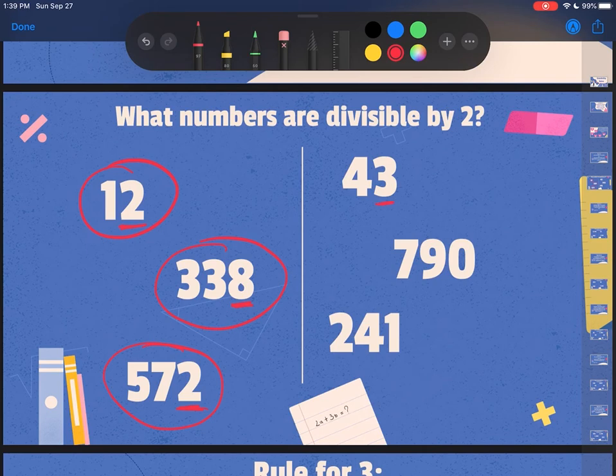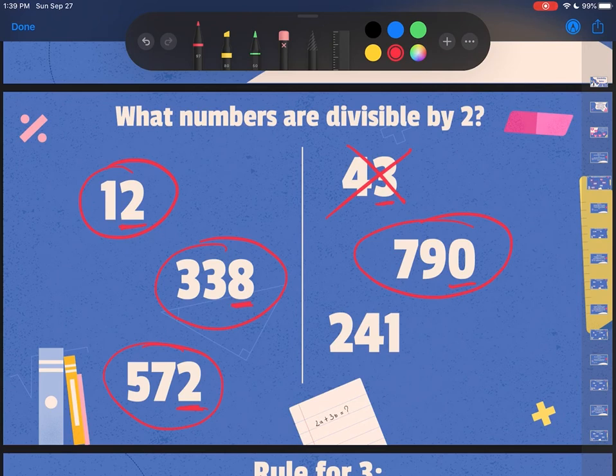43. It has a 3 in the ones place. Remember, it needed to have a 2, 4, 6, 8, or 0. 43 is not even, so it would not be divisible by 2. 790. Remember, 2, 4, 6, 8, or 0 in the ones place. It has a 0, which means that it's even, so it would be divisible by 2.